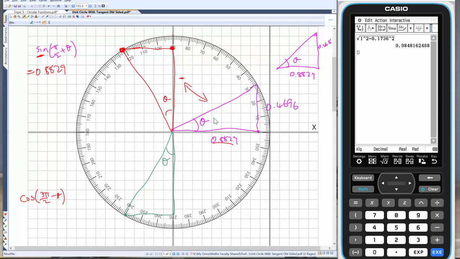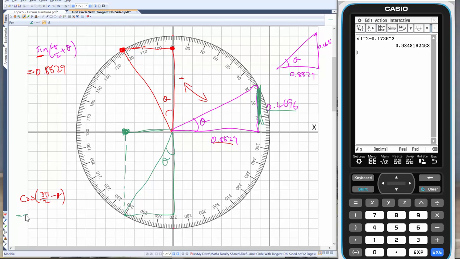Okay, so again, hopefully it's pretty obvious that these are the same. Okay, this time we're after the cosine. The cosine is this x value over here. That's what I'm interested in. Now this distance here will be the exact same distance as this one here. Okay, the only thing is the distance will be negative. It's going to hit the negative value of this.